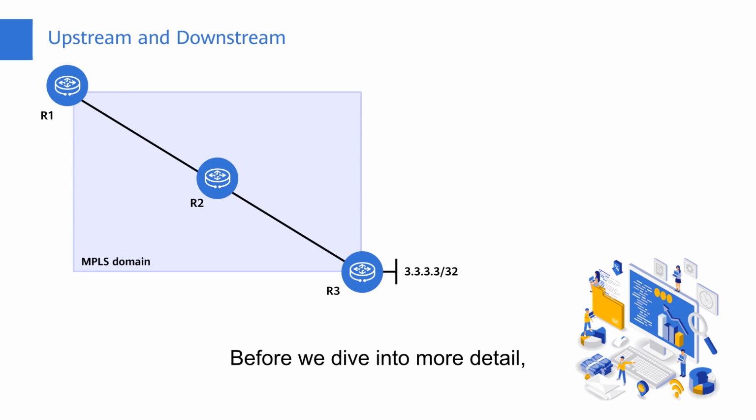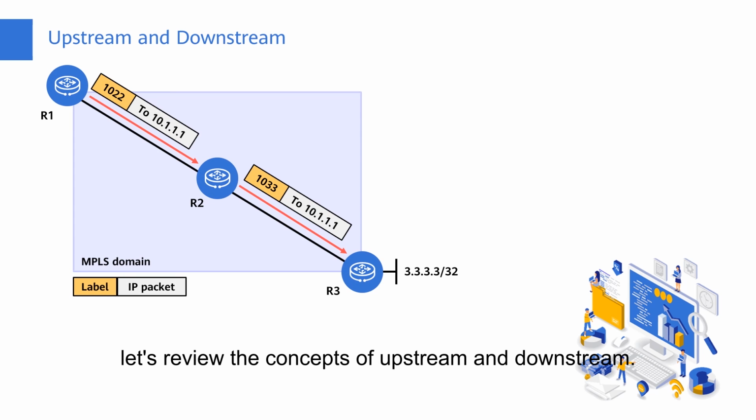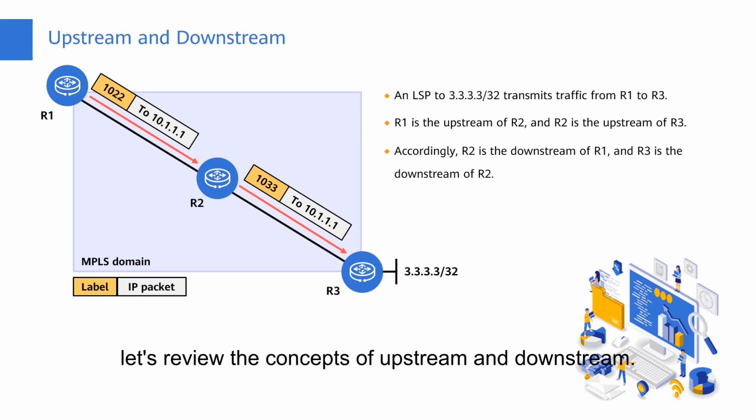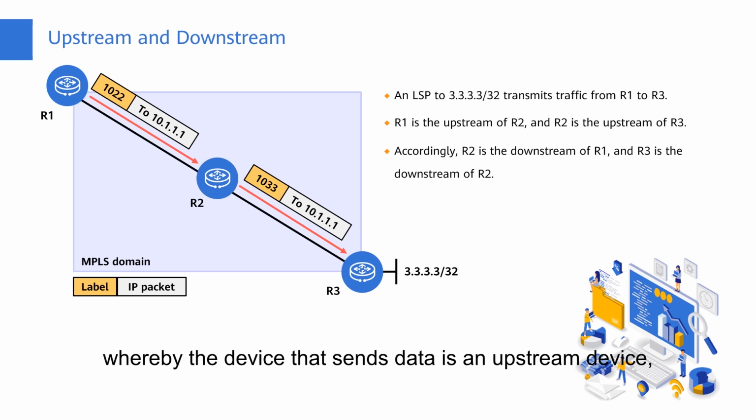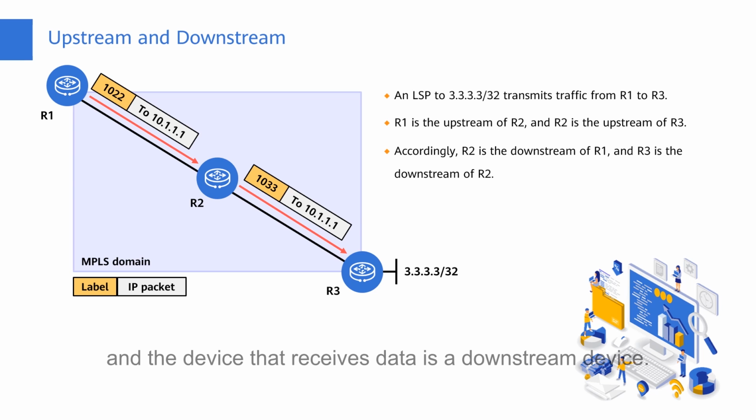Before we dive into more detail, let's review the concepts of upstream and downstream. These two concepts are described from the perspective of data forwarding direction, whereby the device that sends data is an upstream device, and the device that receives data is a downstream device.